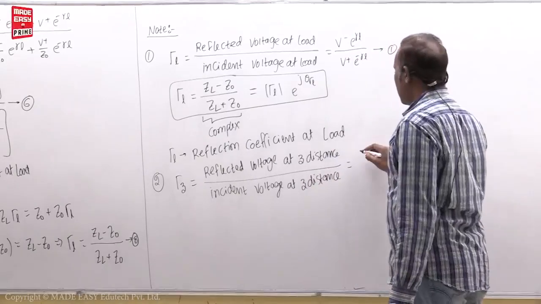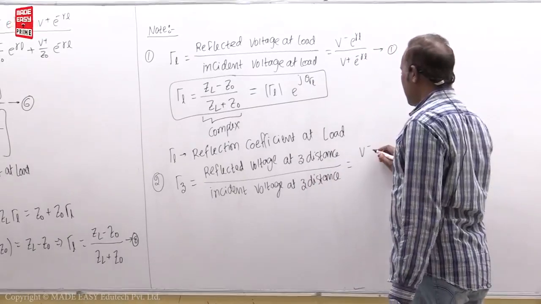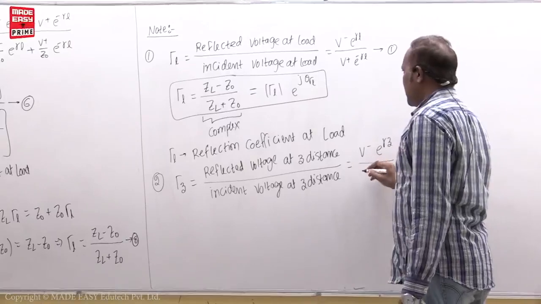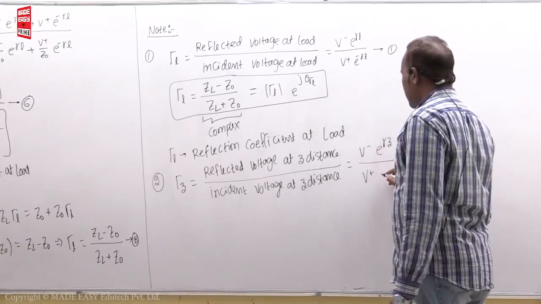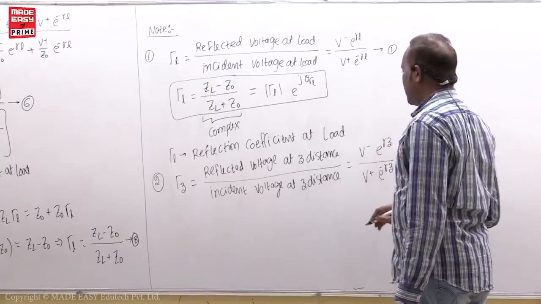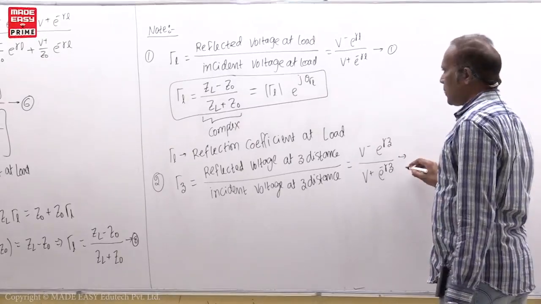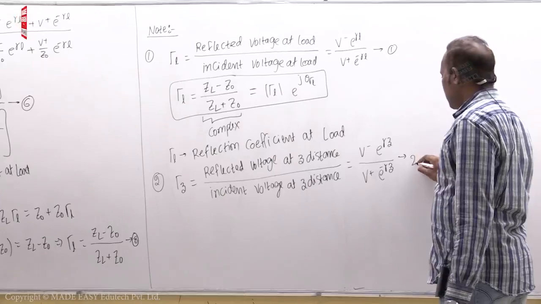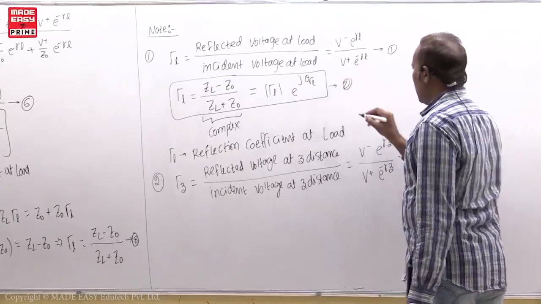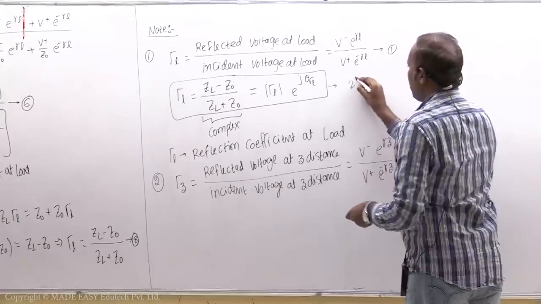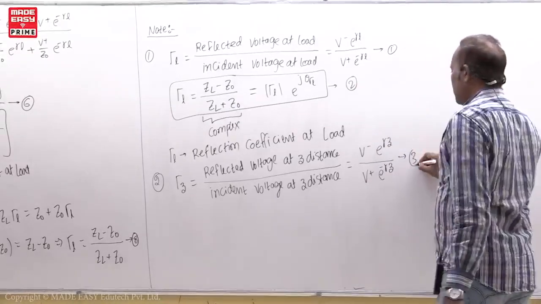So that is equal to the reflected voltage at Z distance, already you have seen, V minus e power gamma Z, over the incident voltage, V plus e power minus gamma Z. So this is the equation. Let us say this is equation number 2 and this one is number 3. We will be using that also.